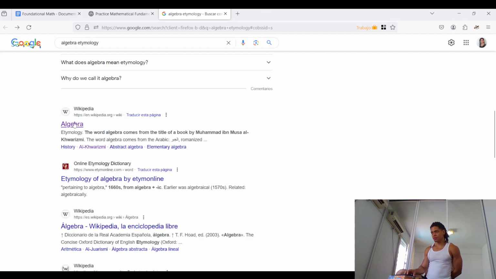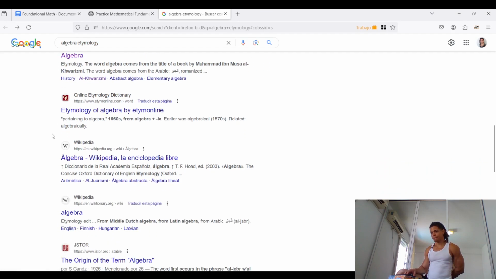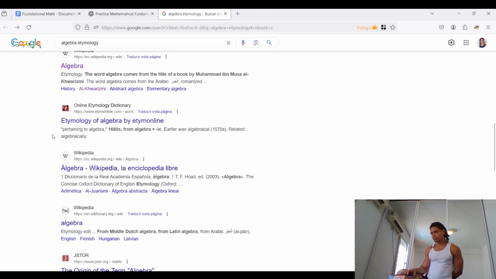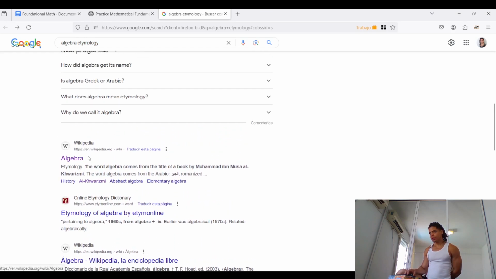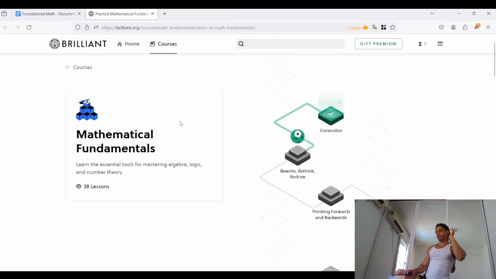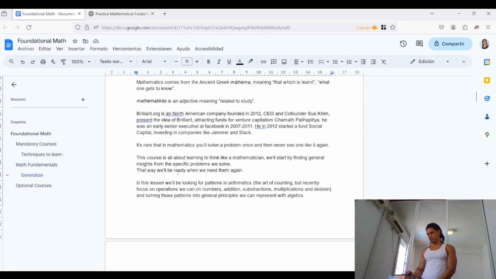So the thing here, the reason for looking at this generalized concept, is that here we were able to first understand that in mathematics it is rare that you will solve a problem once.